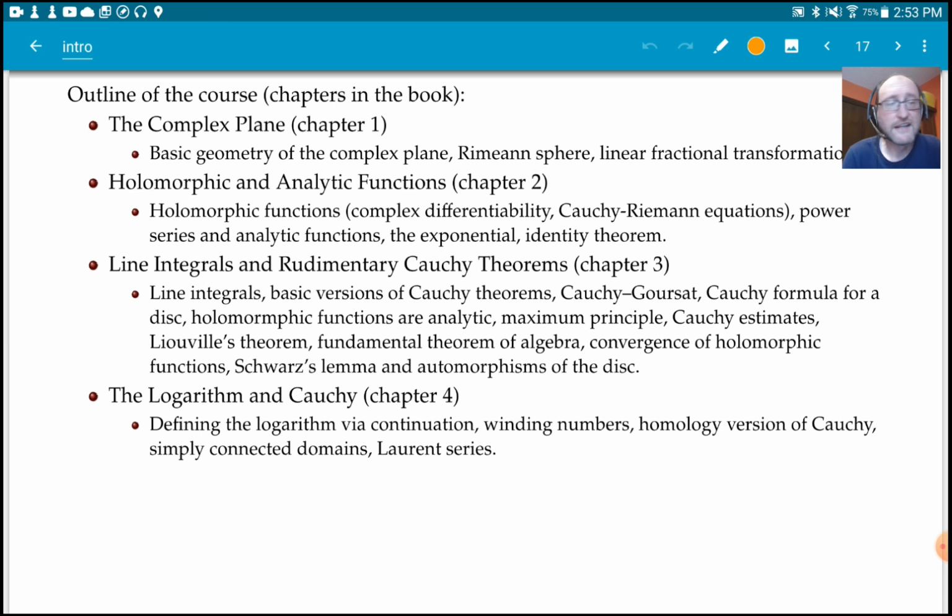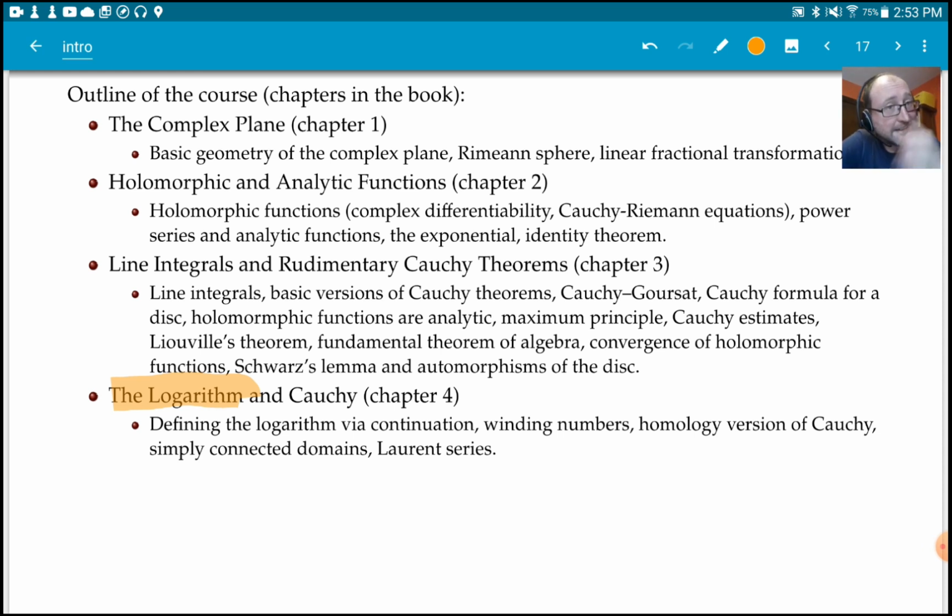All right. Then we get to defining the logarithm, the inverse of the exponential. The exponential in complex analysis is not invertible. It's not one-to-one. So this is an infinitely valued function, but it's actually very useful.